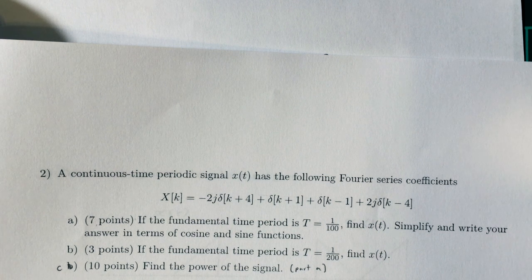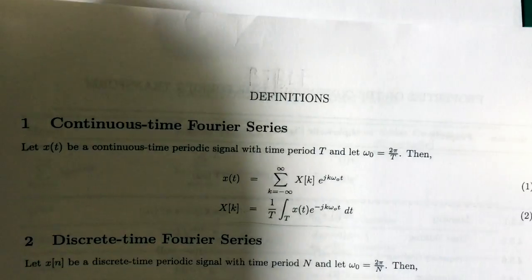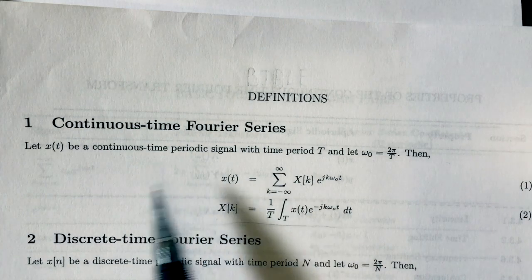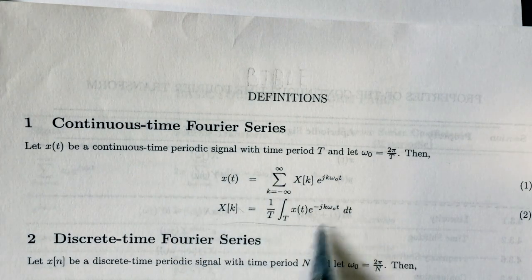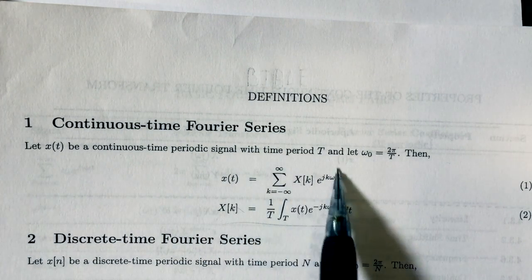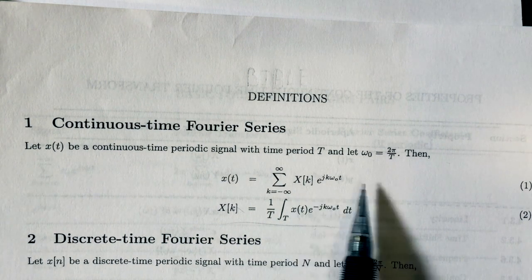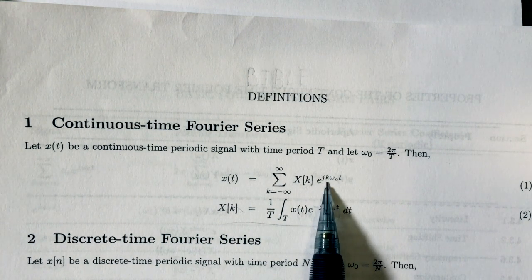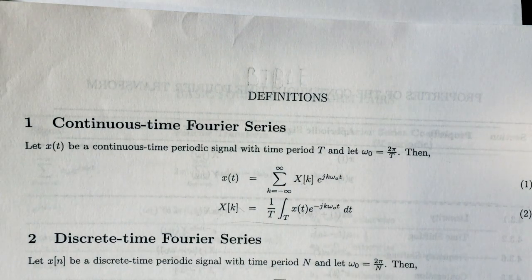Alright, so the way we do this is we go back to our nice and handy dandy packet, and we want to find x of t. We can write x of t in terms of the Fourier series coefficients and e to the j k omega naught t, right?